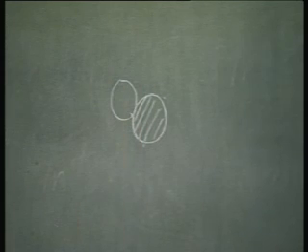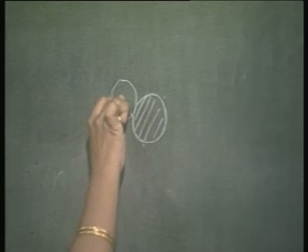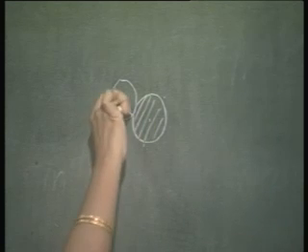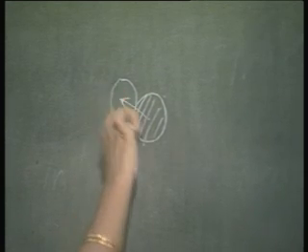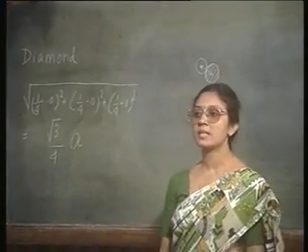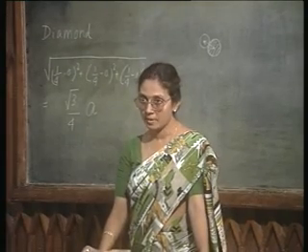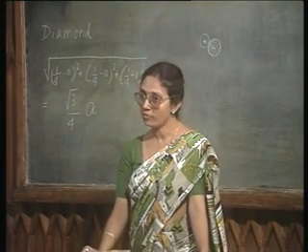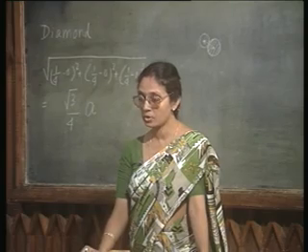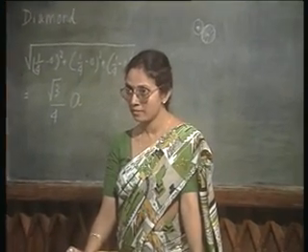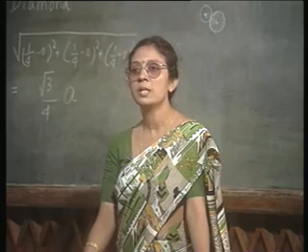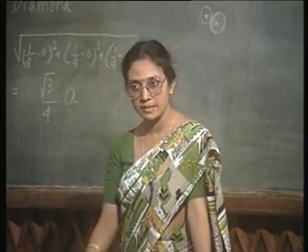It is like this and the distance between them is root 3 by 4 A. Therefore, each atom can have a radius of at most half of this distance, that is root 3 by 8 A. This is called the tetrahedral radius.